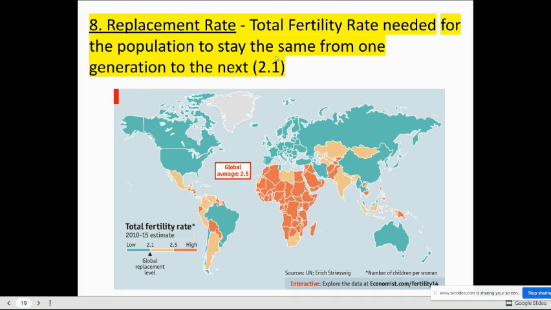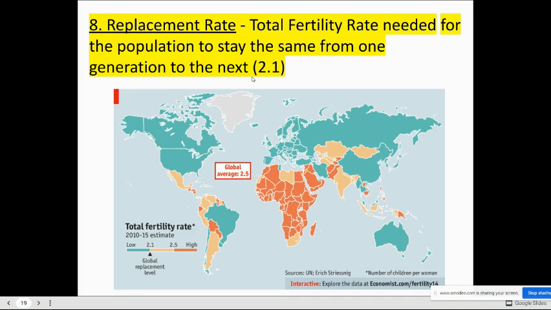What this means is if on average people were having about 2.1 children, population would eventually no longer be rising or falling. Today we are at about 2.5, and so our population worldwide is still rising, but eventually it will not anymore. So 2.1 is that replacement rate.